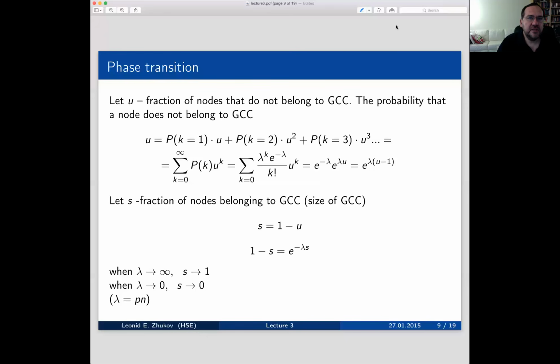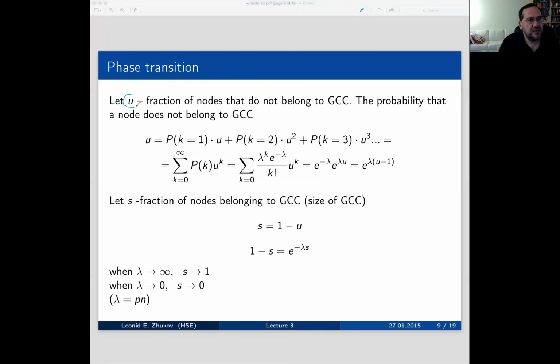Now, this is in some sense not the proof that Erdős and Rényi have in their papers. This is what's called mean field theory or a mean field proof, where we're trying to prove things on average. So here is how it works.